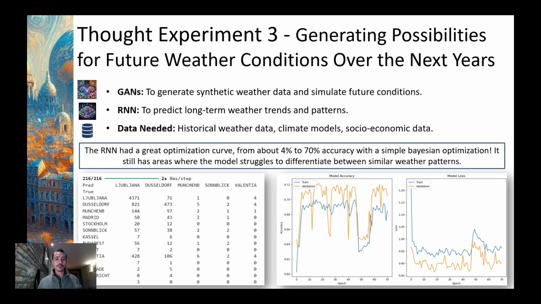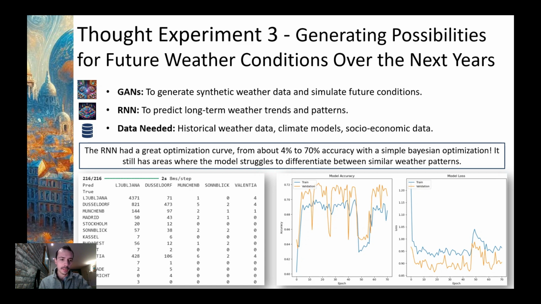The RNN had a great optimization curve from about 5% to 70% accuracy with a simple Bayesian optimization. So it still has areas where the model struggles to differentiate between similar weather patterns, as you can see on the confusion matrix on the left of the screen.